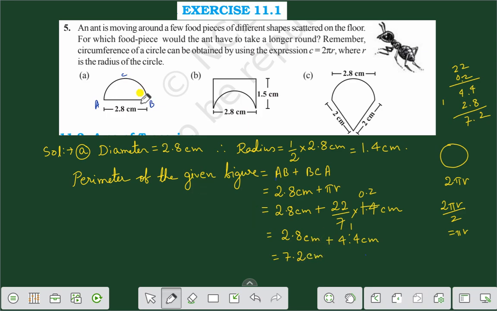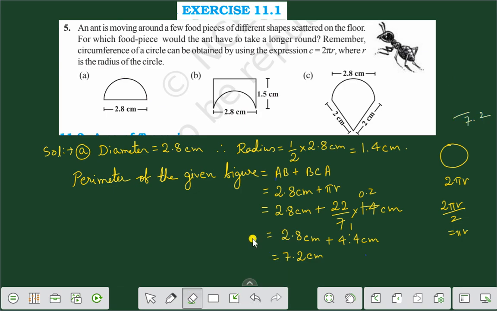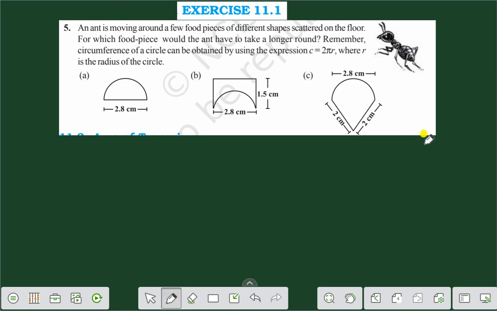Therefore, the perimeter of this figure is 7.2 centimeter. That is A. Now we'll solve question number B. Perimeter of figure A is 7.2 centimeter.